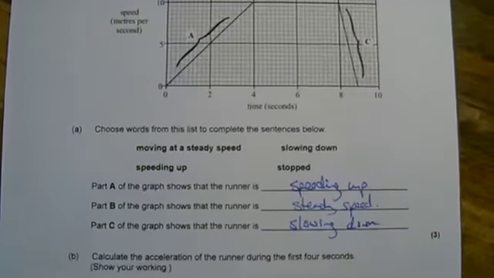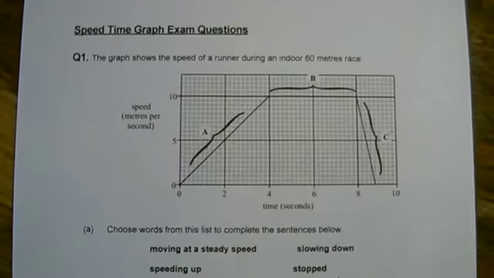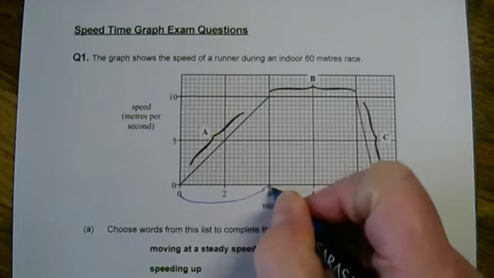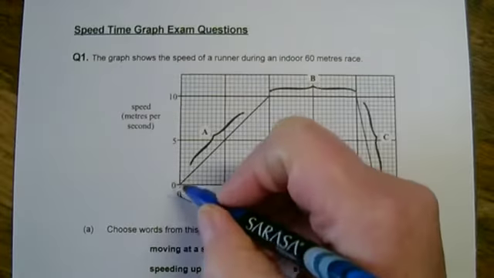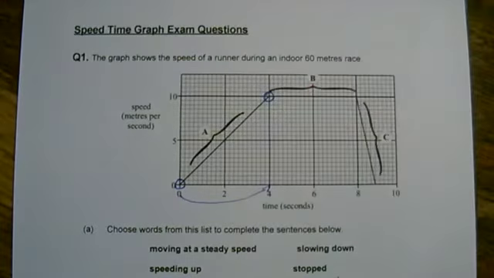Next part, calculate the acceleration of the runner during the first 4 seconds and show your working. Okay, so the first 4 seconds is from here to there. We've got the initial speed is 0, final speed is 10.